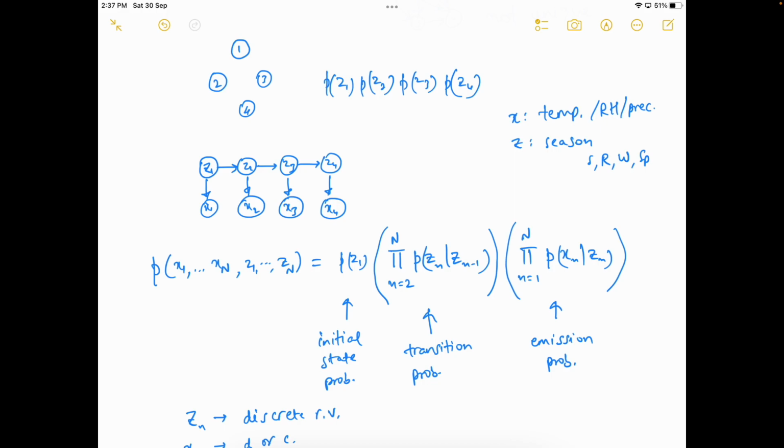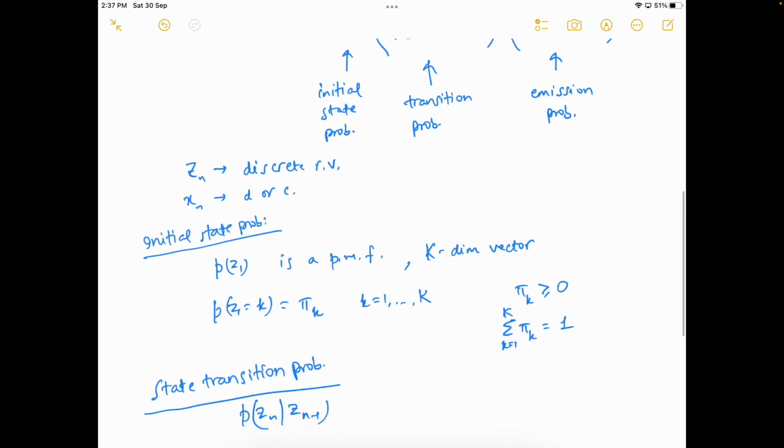Summer season, like May, June. Rainy season is about July, August, September. Then winter season is December, the peak winter, January. Then spring is afterwards, March, April, right? Okay. So now, what is P of Z?